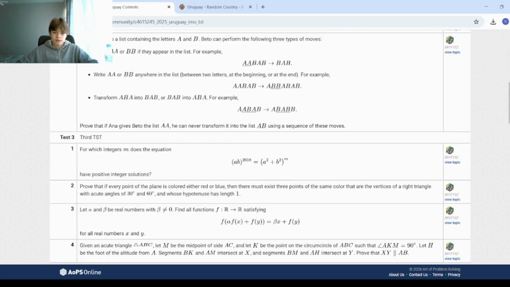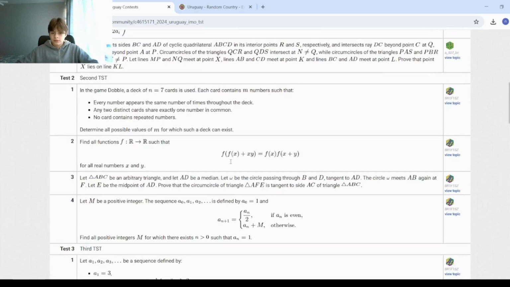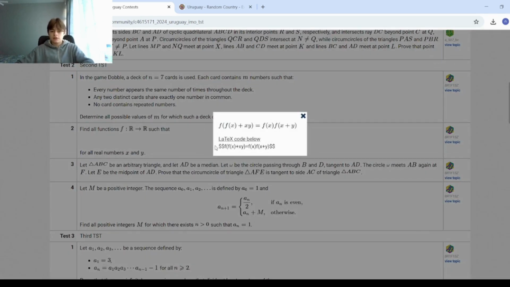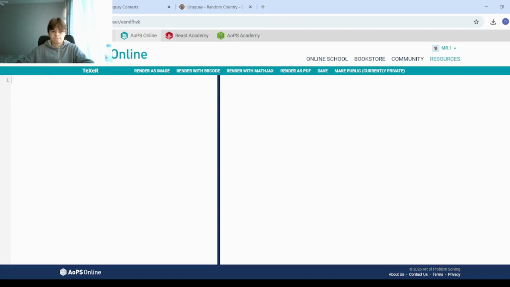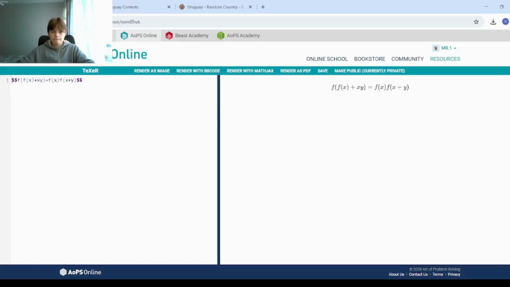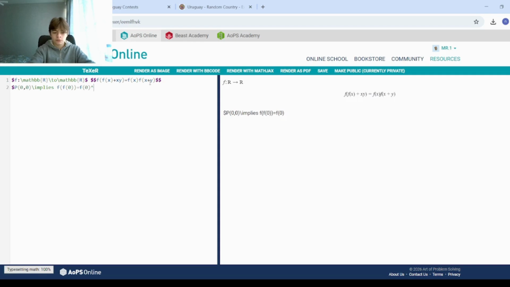Okay, we have to choose another one. Okay, I don't know this problem. Okay, let's copy this. To start off, I will put zeros, of course. f(0) is equal to f(0) squared.